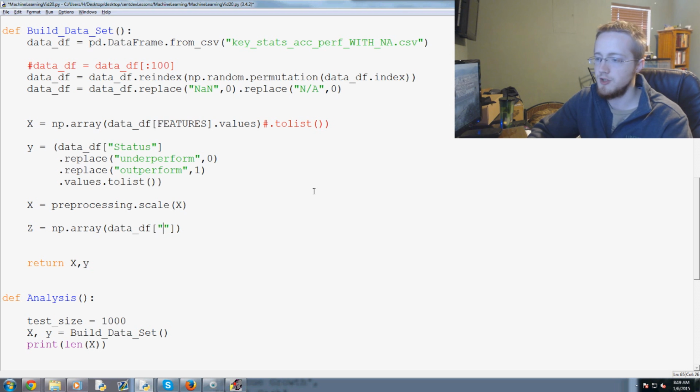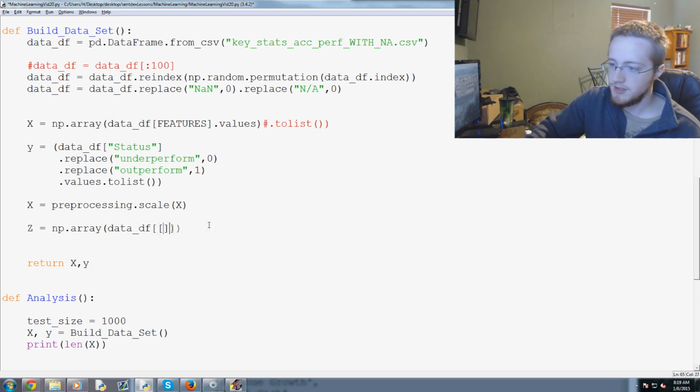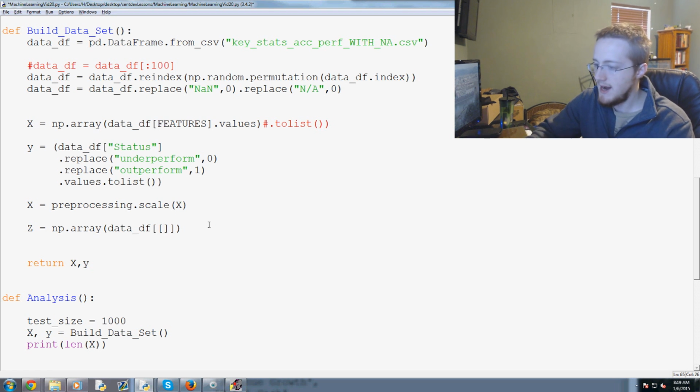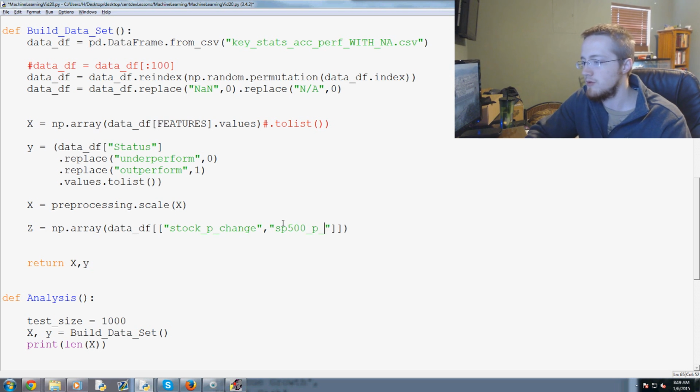To specify a single column, you could specify the status column like this. But in pandas, you can specify multiple columns by adding another set of square brackets within the indexing, and now you can pass a list of columns. And the list that we want is stock_p_change, and we also want sp500_p_change.